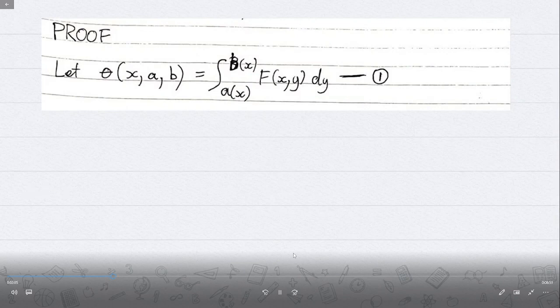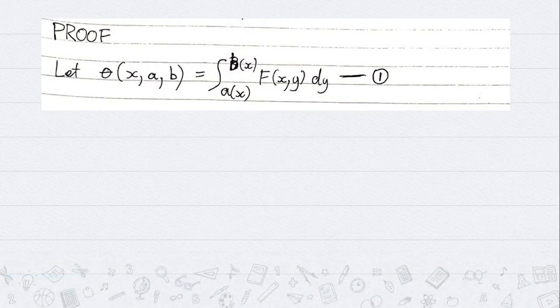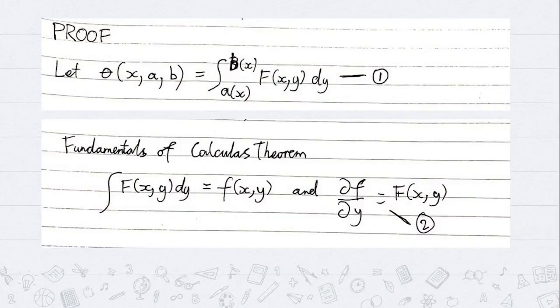On to the proof. We'll start by letting theta(x,a,b) equal the integral between b(x) and a(x) of f(x,y) dy. This is going to be equation 1 for later. Using the fundamental theorem of calculus, the integral of lowercase f(x,y) dy equals capital F(x,y), and the partial of F over partial y equals lowercase f(x,y).